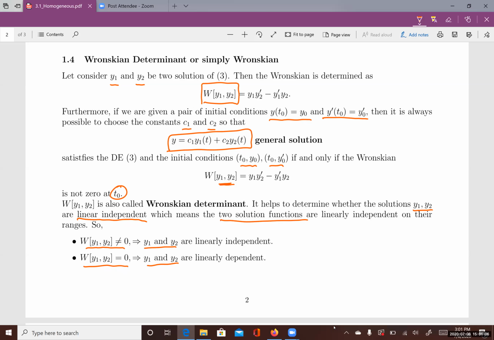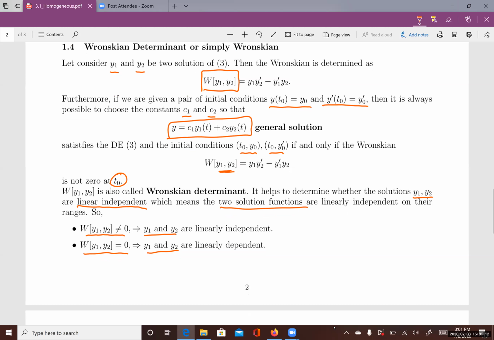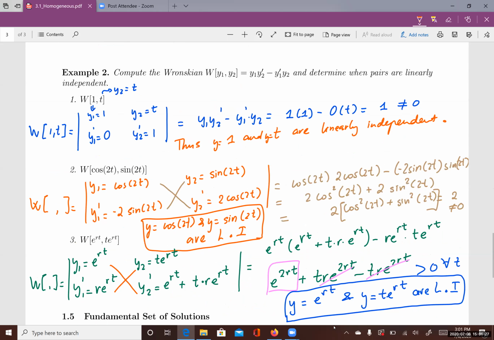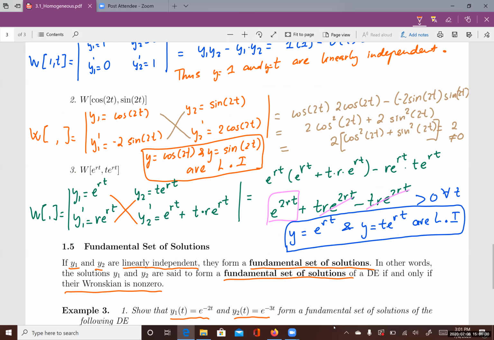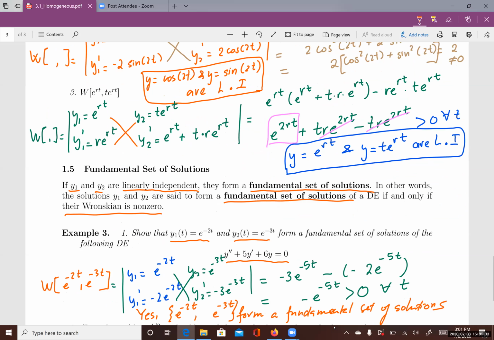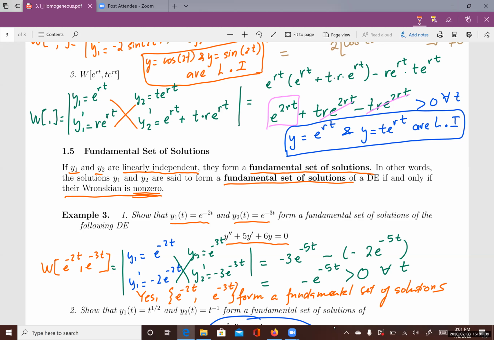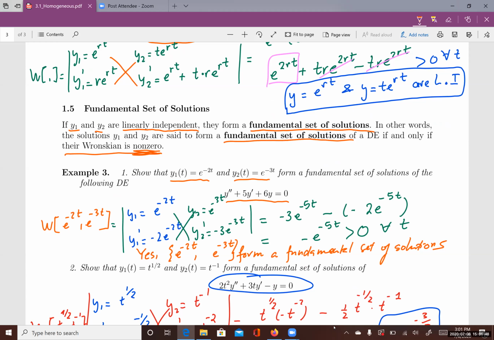Once you determine the Wronskian of the two functions, they are linearly independent if the Wronskian is not zero, and linearly dependent if the Wronskian equals zero. If the Wronskian equals zero, the two functions do not form a fundamental set of solutions. But if the Wronskian is not zero, then the two functions form a fundamental set of solutions for the differential equation.